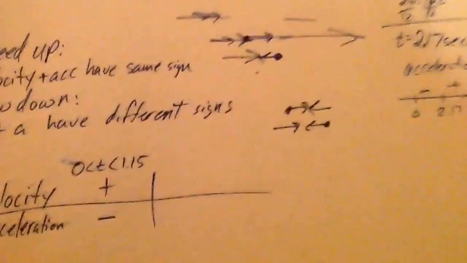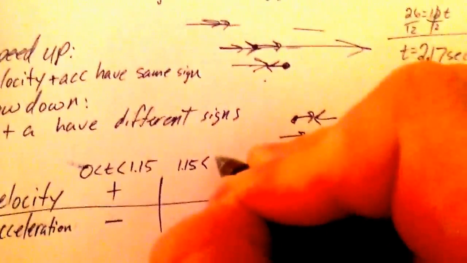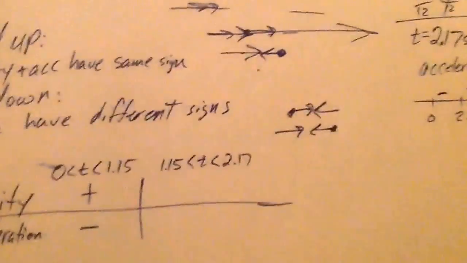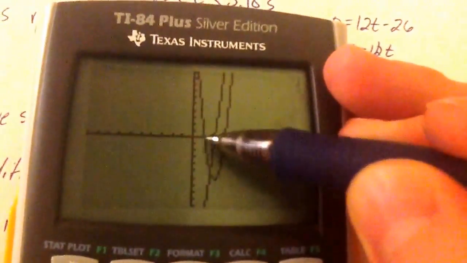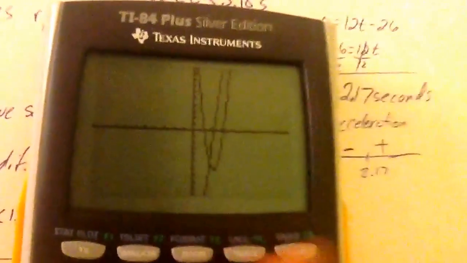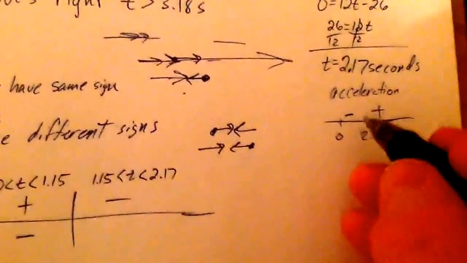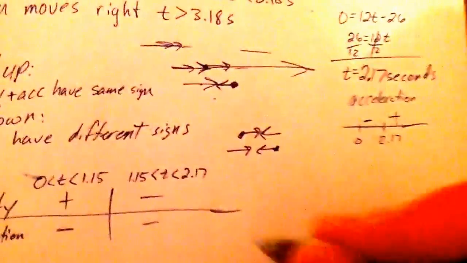So we're going to go to 2.17 seconds. So from 1.15 to 2.17, what happens? Well, that's from here to here. We know our velocity is negative this whole time. And we know our acceleration is negative because it's over there. So just making a little sign chart here.